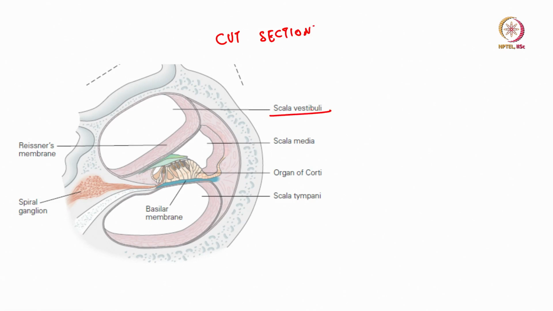So, Scala vestibuli, we know that this is in terms of the oval window, and the sound goes out through the round window. It is not really going out, it is just that there is a membrane, and the sound transmitted across this fluid filled cavity gets dissipated over here.